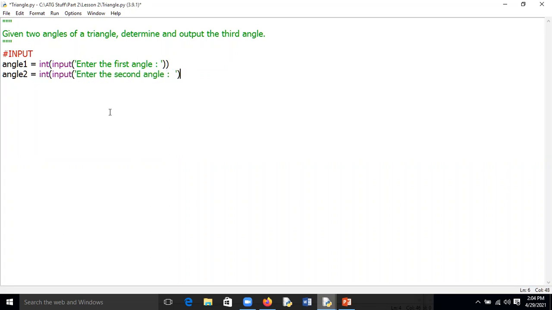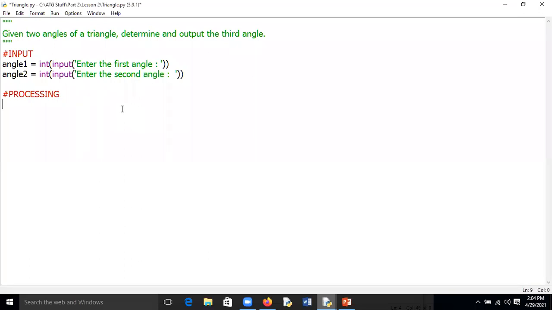We can read it in as a string. That's what your input will do, and int will convert it into an integer, and it'll store it in angle 1 and angle 2. So right now, all we need to look at is our processing.